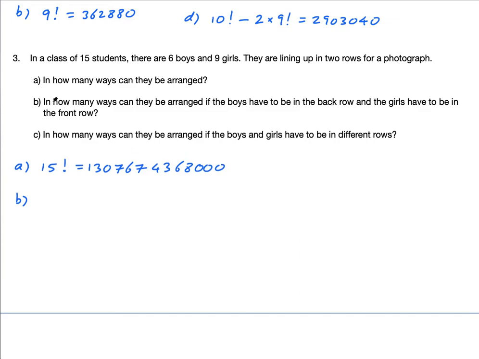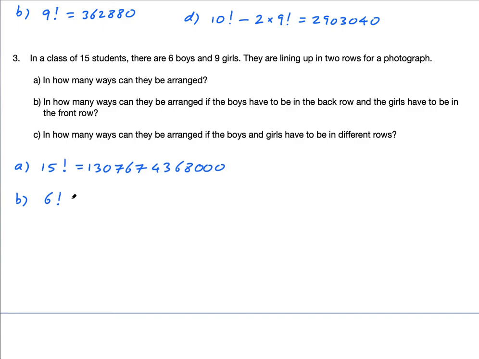Right. Part B. In how many ways can they be arranged if the boys have to be in the back row and the girls have to be in the front row? So what we do is we say, how many ways can the boys be arranged? Well, the boys can be arranged 6 factorial. And how many ways can the girls be arranged? 9 factorial.